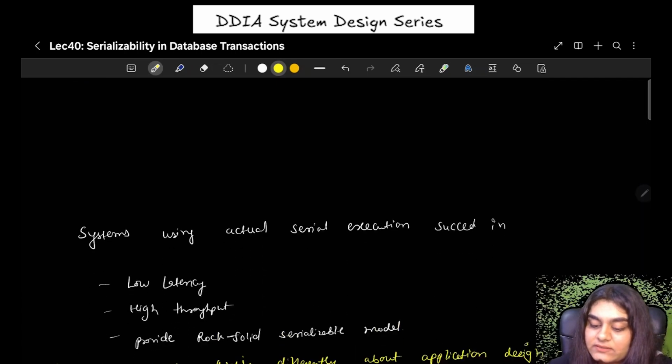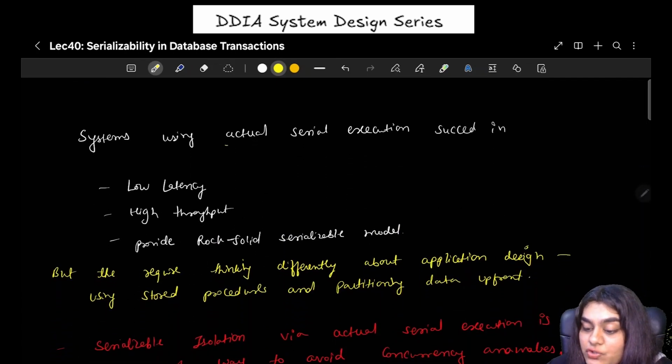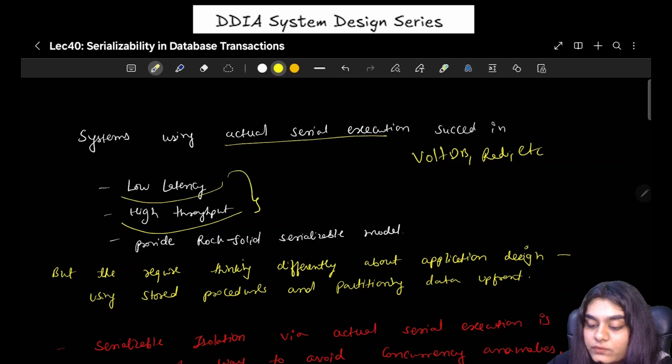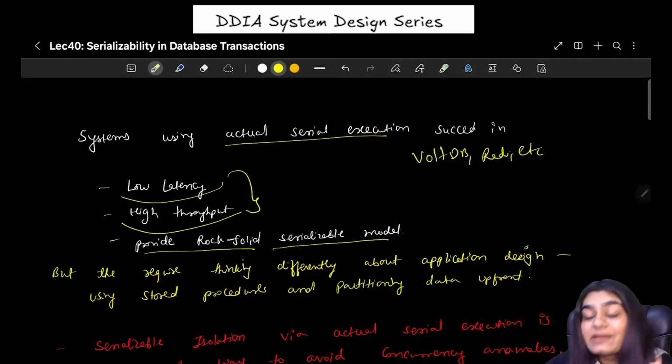In practice, systems using actual serial execution, such as VoltDB, Redis, etc., succeed in low latency, high throughput scenarios where transactions are short and data can be partitioned. They provide a rock solid serializable model, eliminating race conditions by design.